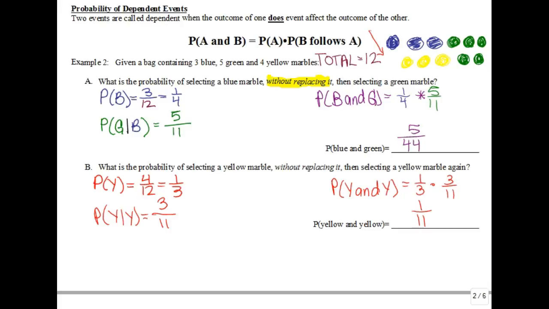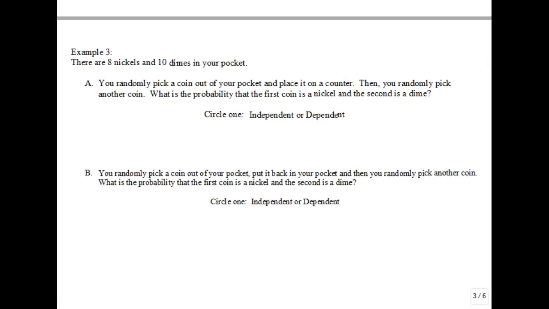Let's take a look at some problems that aren't as obvious. Before we can choose what kind of calculation we're going to do, we need to figure out if the situation is independent or dependent. In general, there are 8 nickels and 10 dimes in your pocket. So there are 18 coins in your pocket.